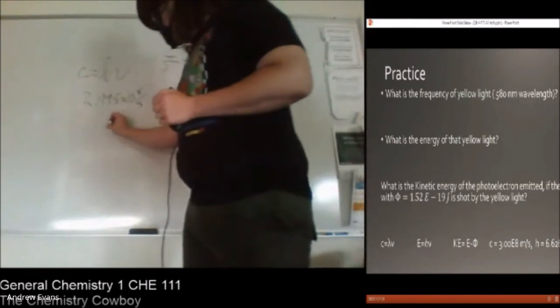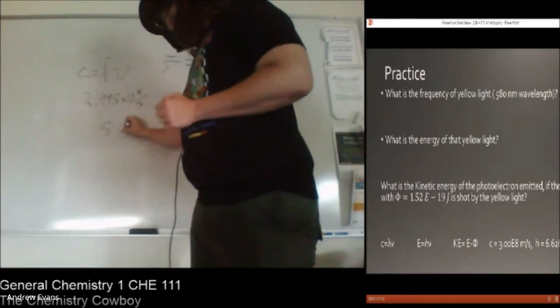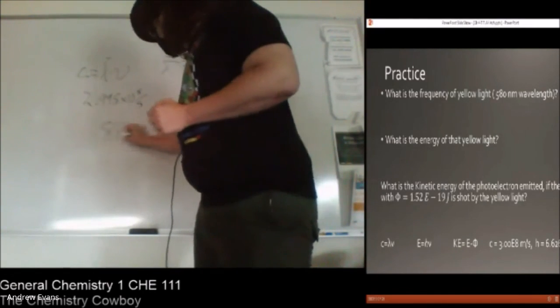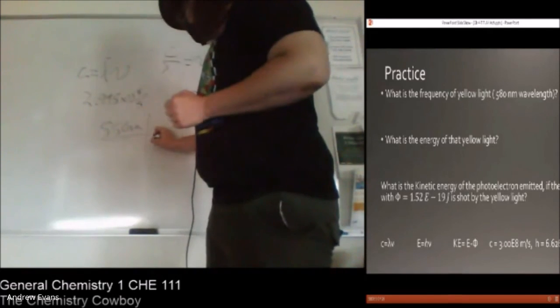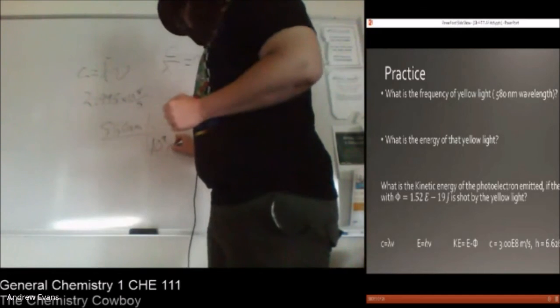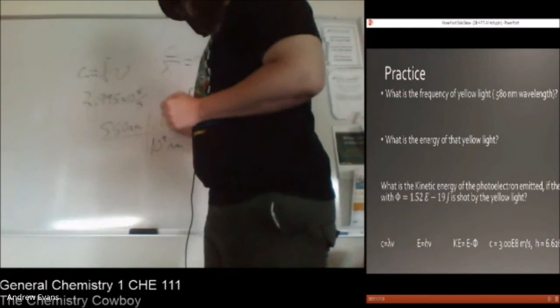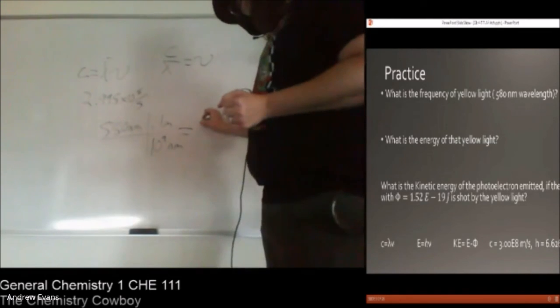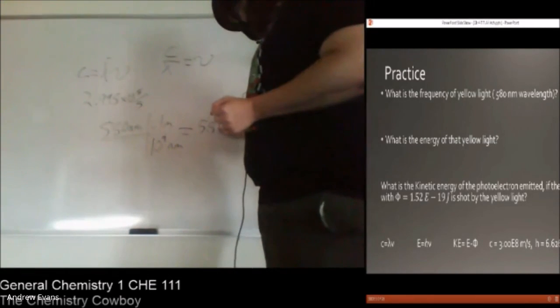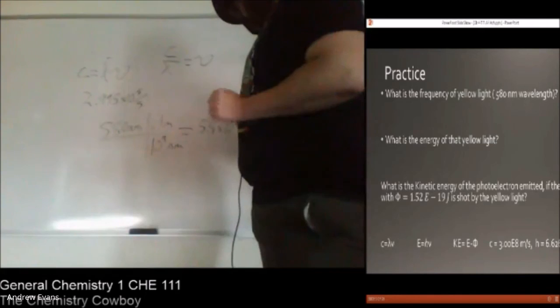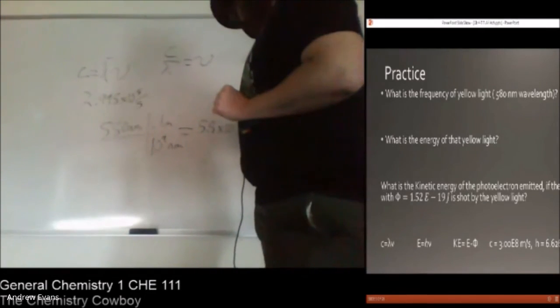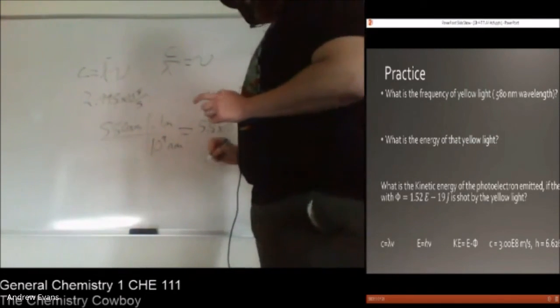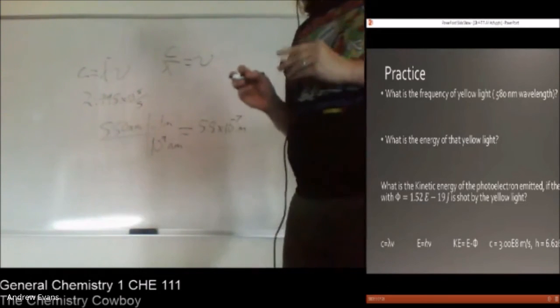So for 580 nanometers, there are 10 to the 9th nanometers in 1 meter. This conversion means I have 5.8 times 10 to the negative 7th meters. Really small number.